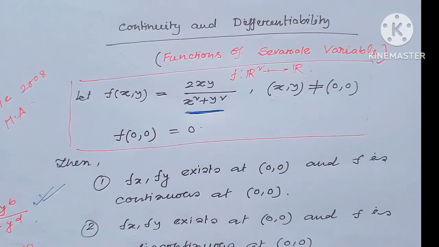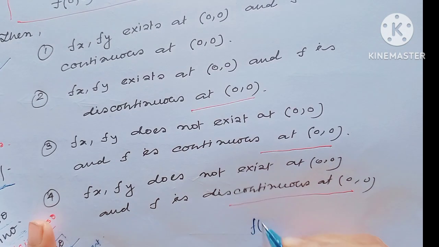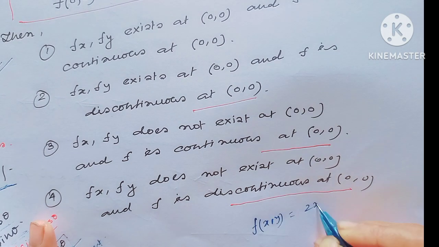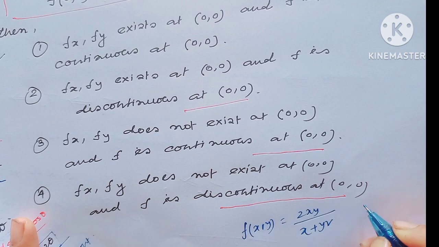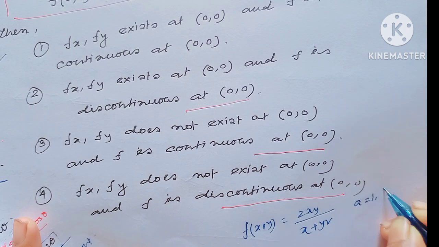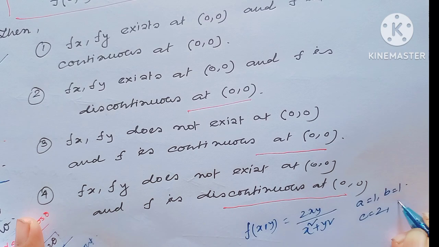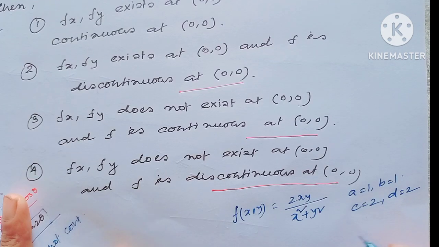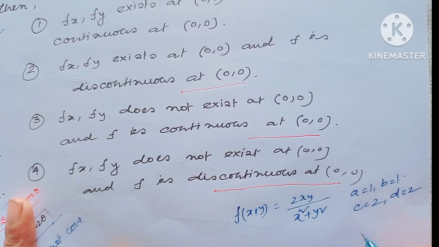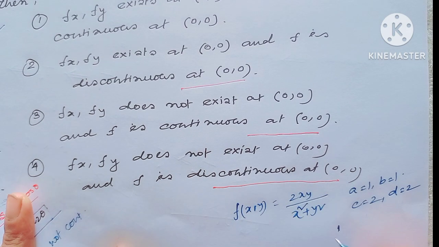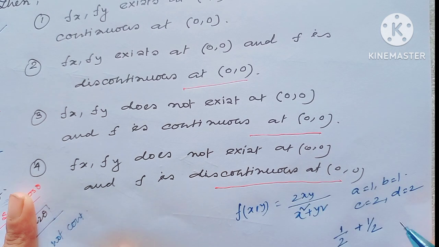Here f(x,y) equal to 2xy over x square plus y square. That means here a equal to 1, b equal to 1, c equal to 2, d equal to 2. Notice here a over c means 1 over 2 and b over d means 1 over 2.